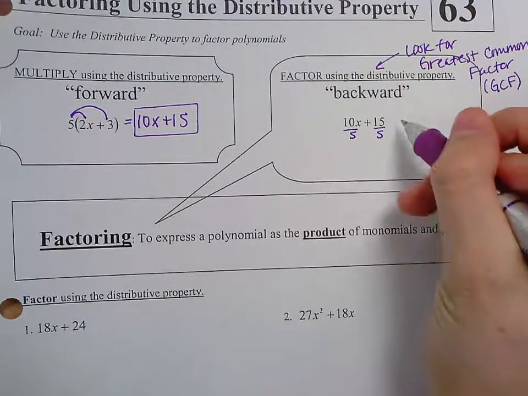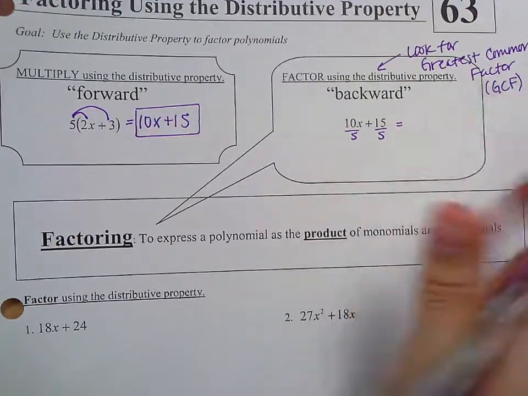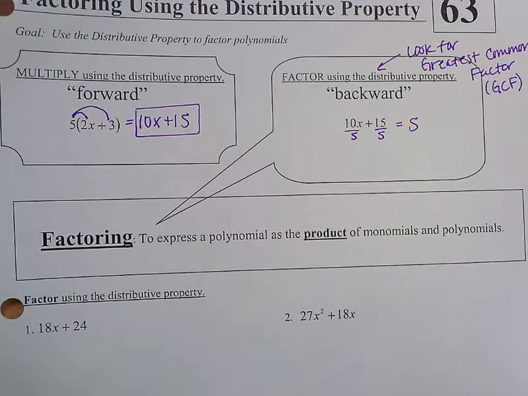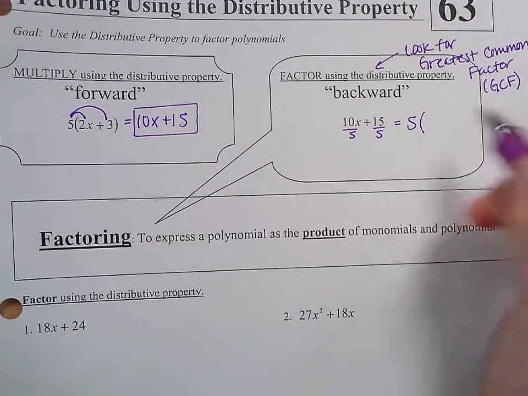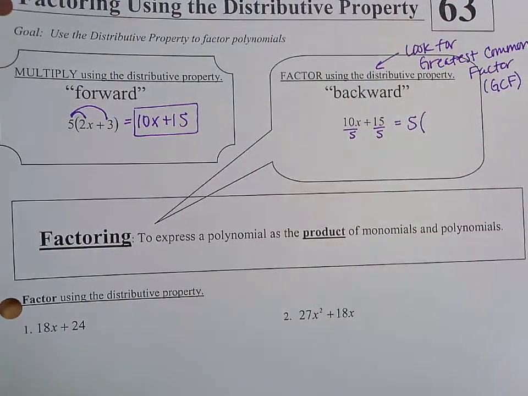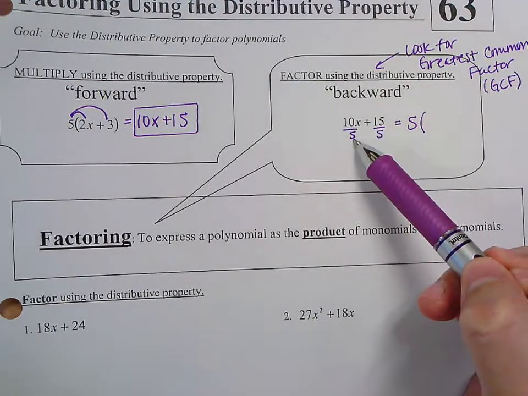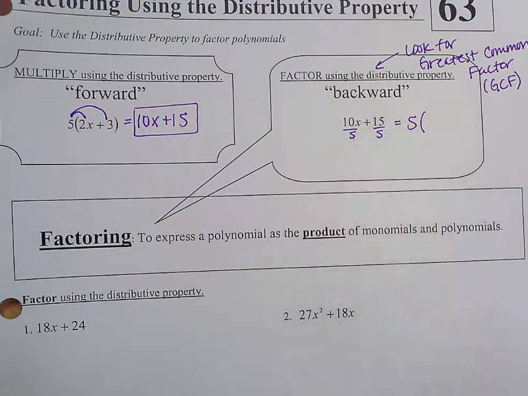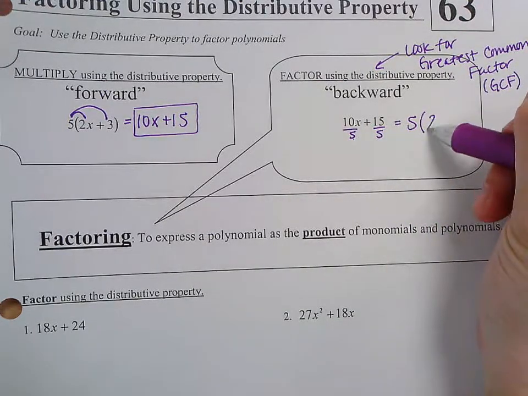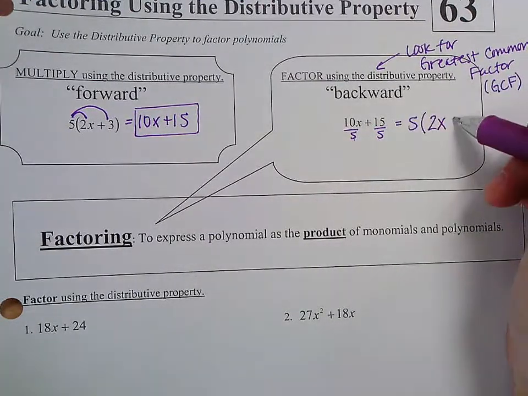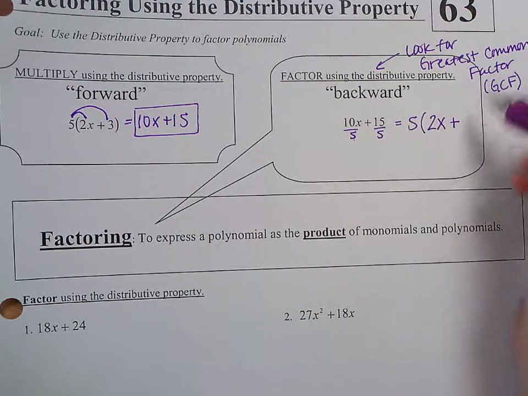And this is how you write it. The greatest common factor, the 5, goes in front. And then in parentheses, you write what you get when you divide both terms by 5. So 10x divided by 5, I would divide the 10 and the 5. 10 divided by 5 is 2, so I'd have 2x. And then I have my plus sign, and then 15 divided by 5 is 3.